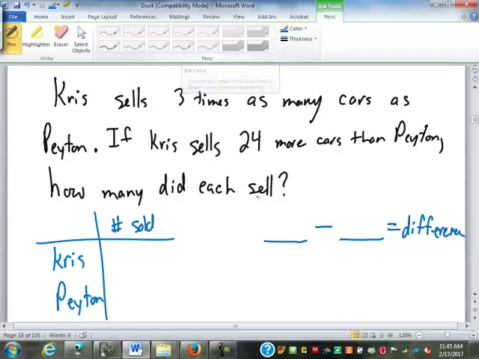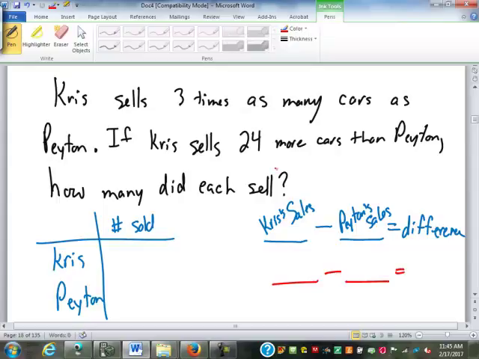So what we're subtracting here, Chris sold more. So it's the number Chris sold, Chris's sales, minus Peyton's sales. And that difference is given to be the 24.